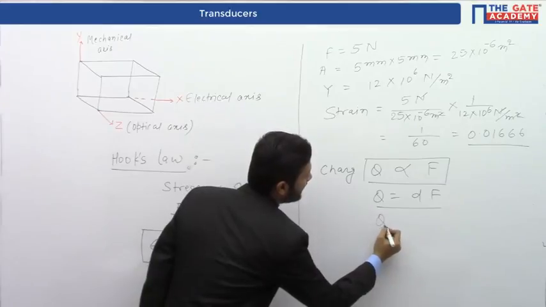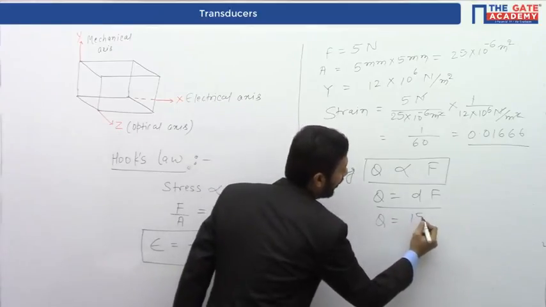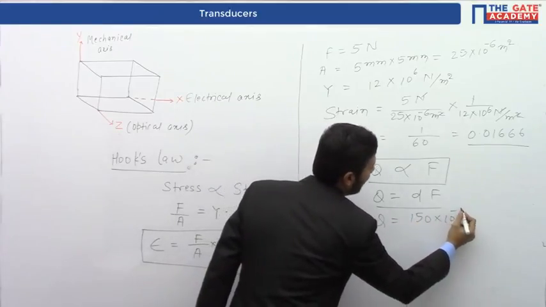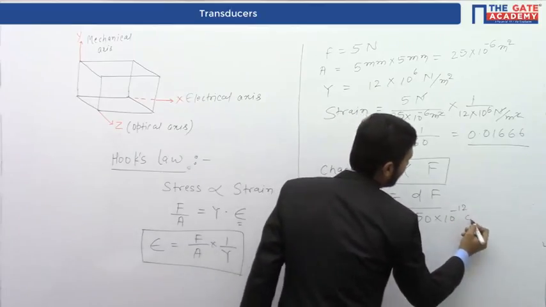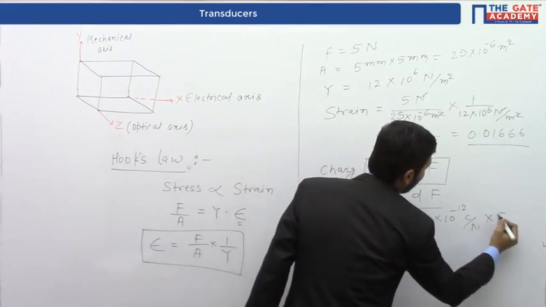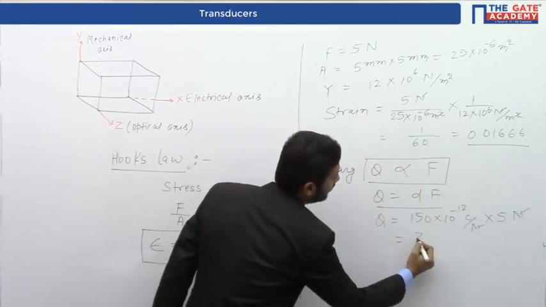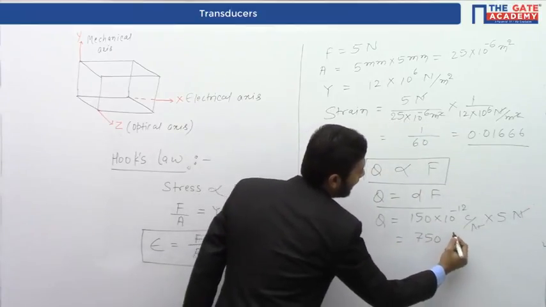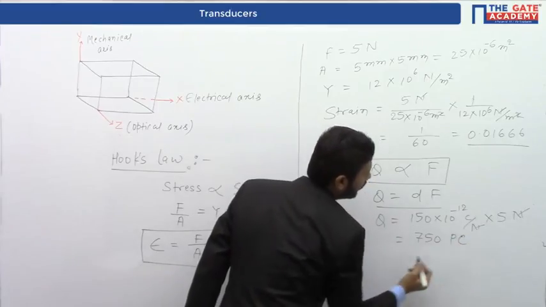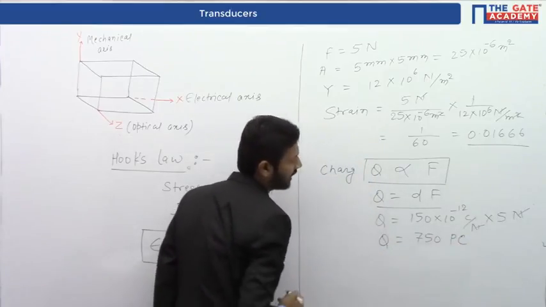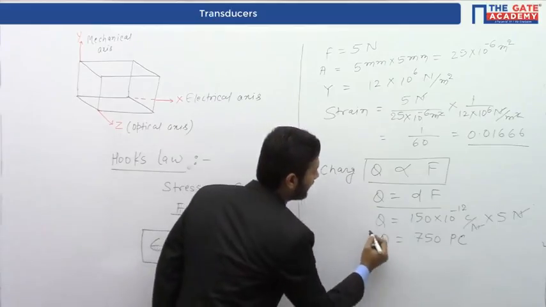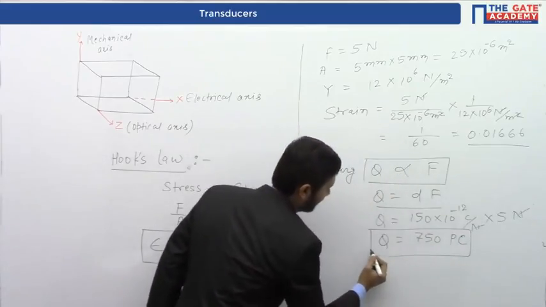So the charge developed is equal to 150 into 10 to the power minus 12 Coulomb per Newton into 5 Newton, which is 750 picocoulomb. This charge generated Q is 750 picocoulomb.